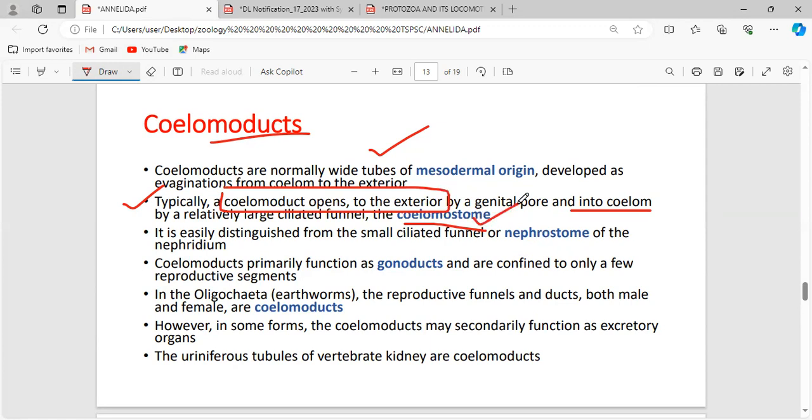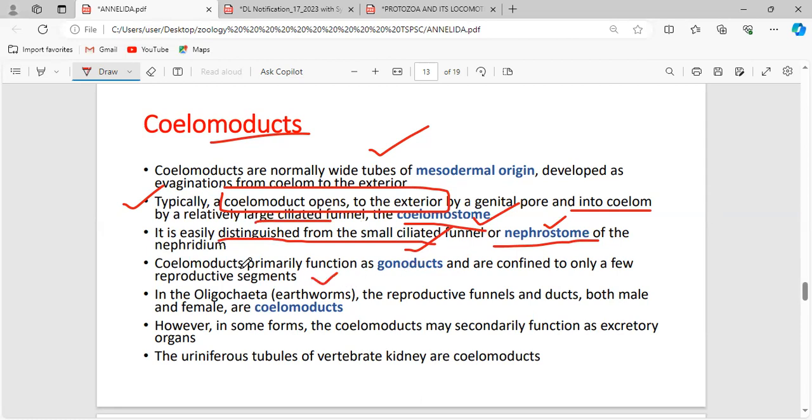This is how you have to connect these two, the nephrostome as well as the coelomostome. Clear? It is easily distinguished: the nephrostome is a small ciliated funnel, while the coelomostome is a large ciliated funnel.